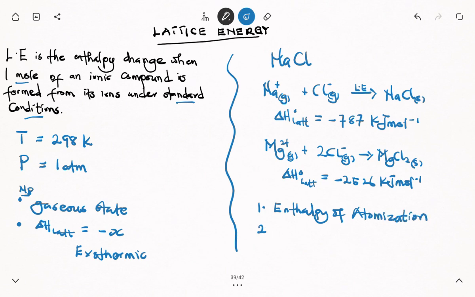And the second one we are going to talk about is electron affinity.